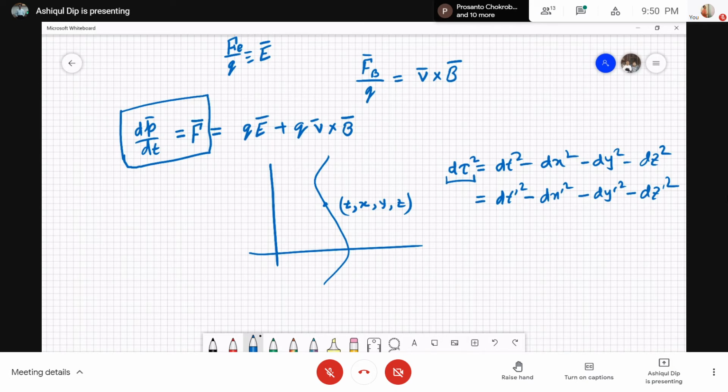So if you use the observed object's own time, that's actually a universal parameter.